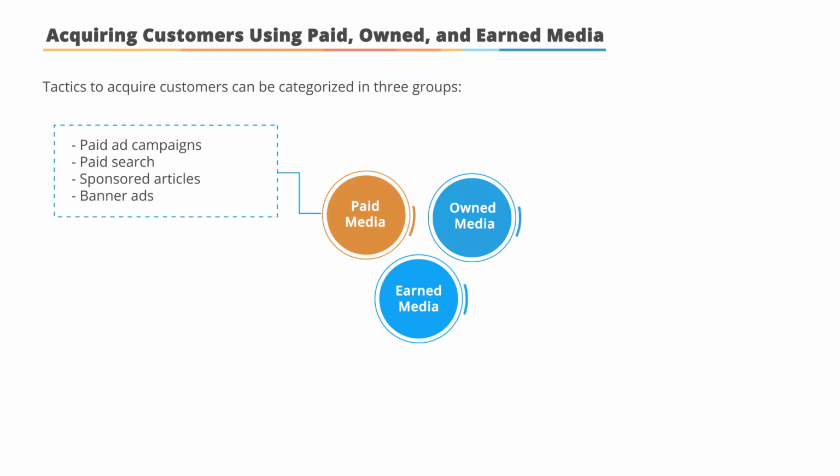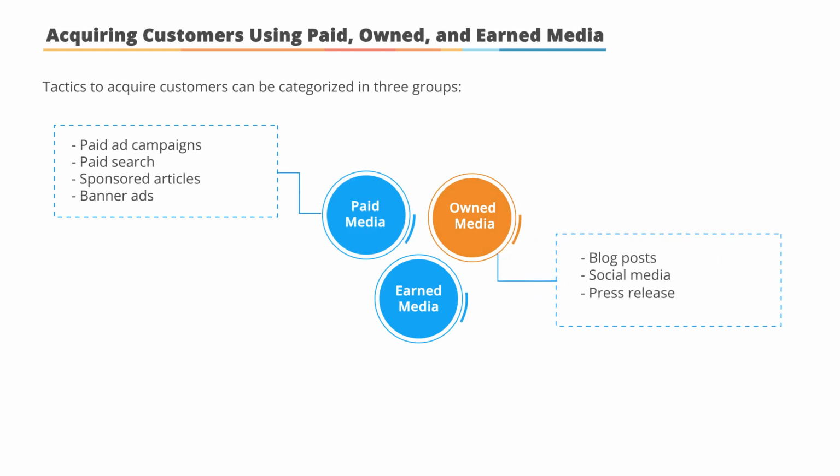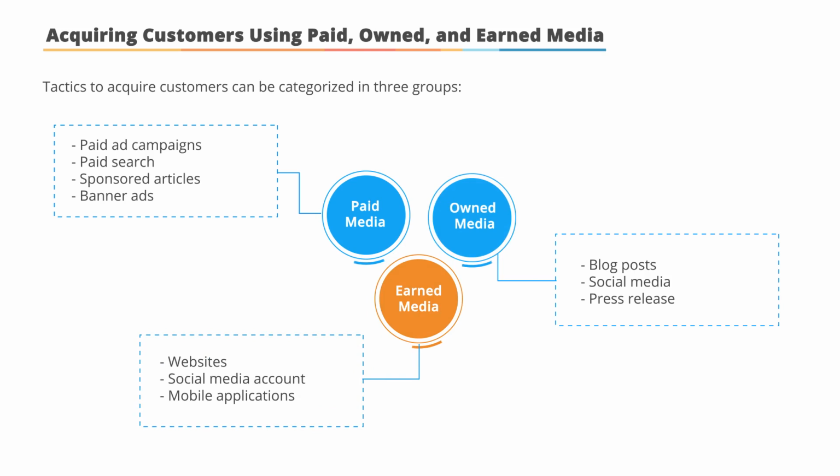The second group, owned media, are those media outlets where you have complete control over the content and features. Those are, for example, your own website, social media accounts, and mobile applications. And lastly, there's earned media, other places where people can talk about you, a blog post, on social media, or through reviews on sites like Amazon, TripAdvisor, and many more.